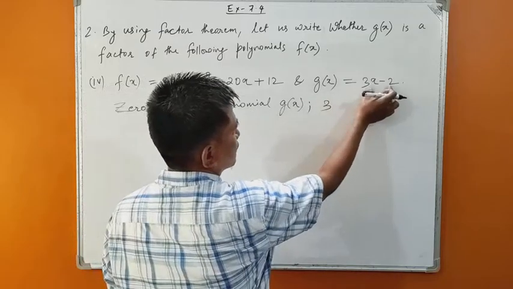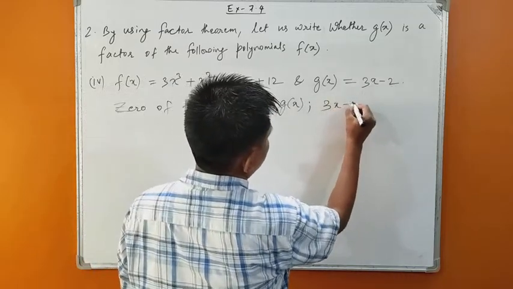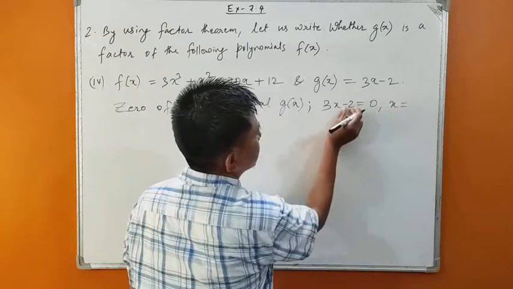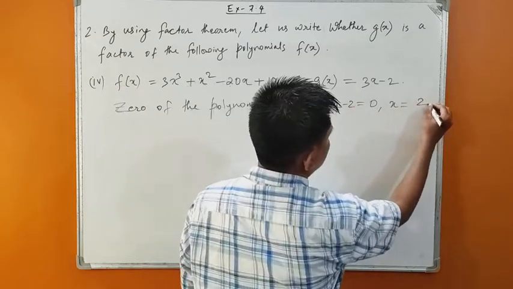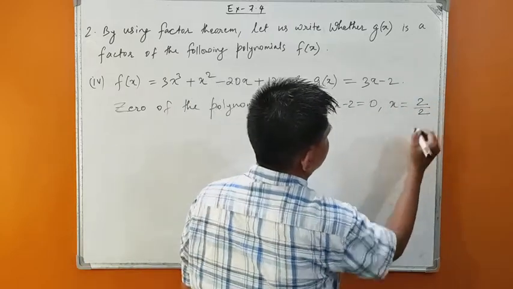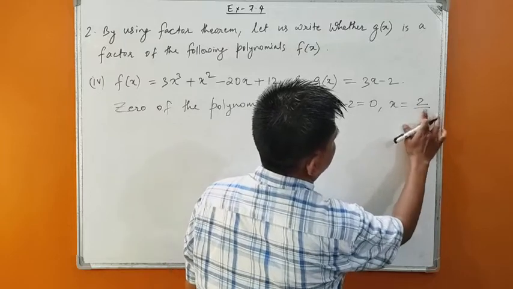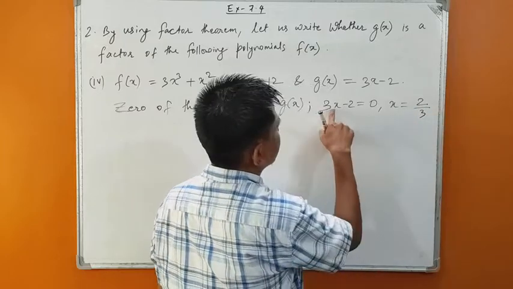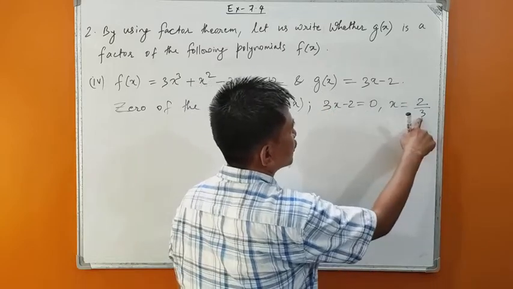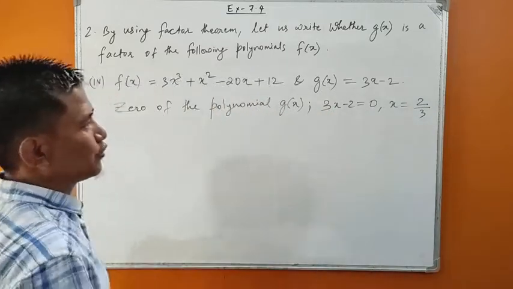So 3x minus 2 should be equal to 0, which means x equals, you take minus 2 to the right hand side, becomes plus 2, and 3 comes to the denominator, 2 upon 3. This 3x, 3 into x, this 3 comes to the denominator. Okay, I hope you got this.